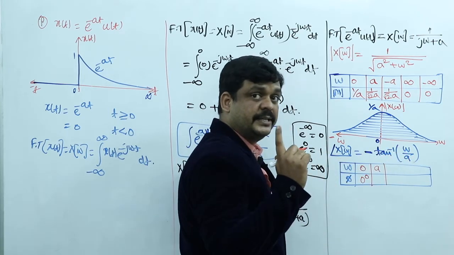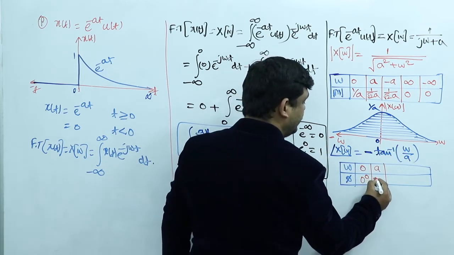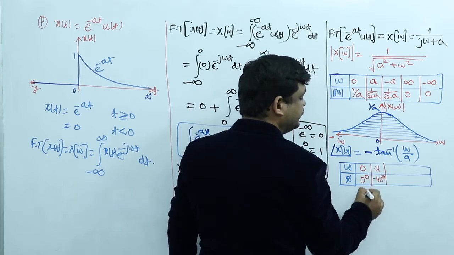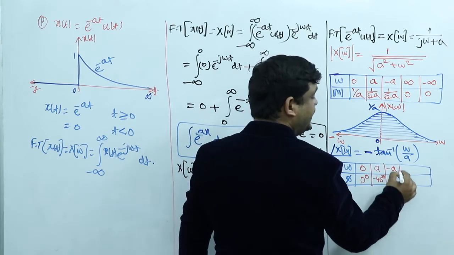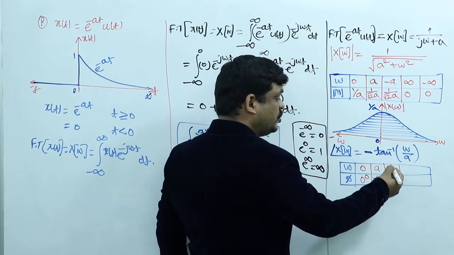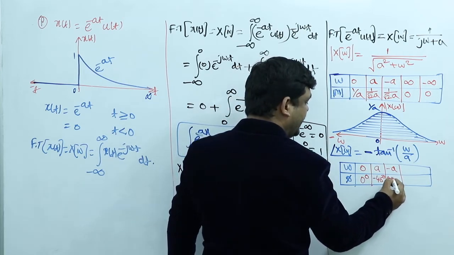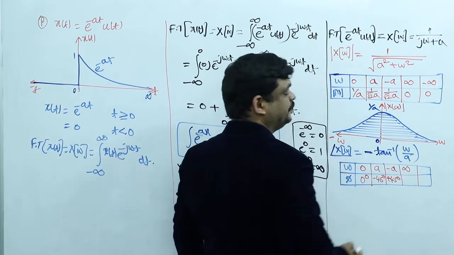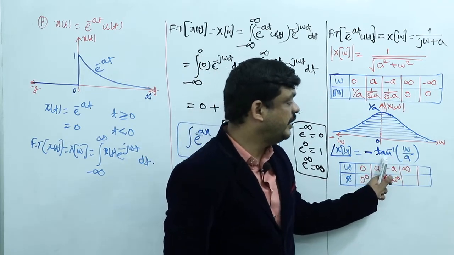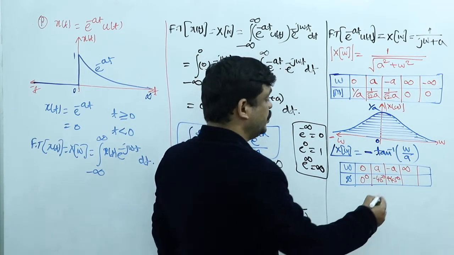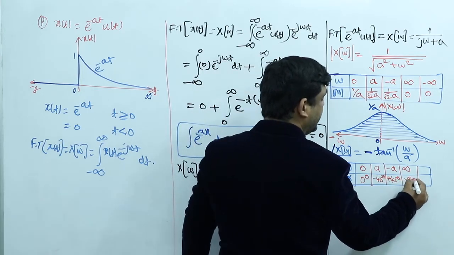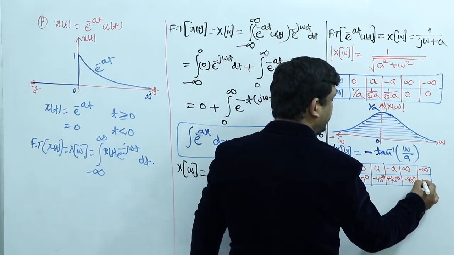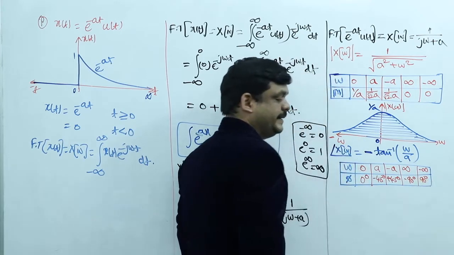Tan inverse of 1 is 45 degrees, so that is minus 45 degrees. If frequency is minus A, it becomes minus 1, so that is minus of minus, plus 45 degrees. The final value is infinity: tan inverse of infinity is 90, so this gives minus 90 degrees, and for minus infinity, plus 90 degrees.